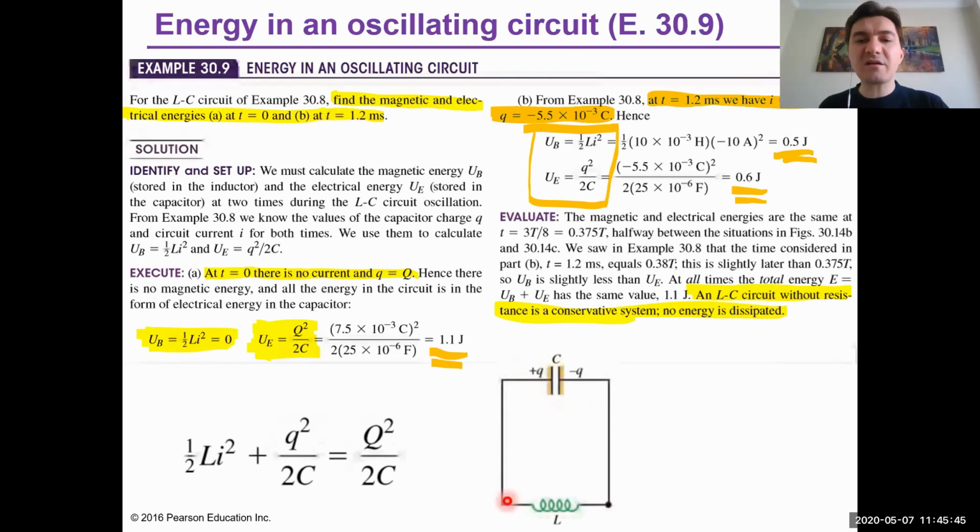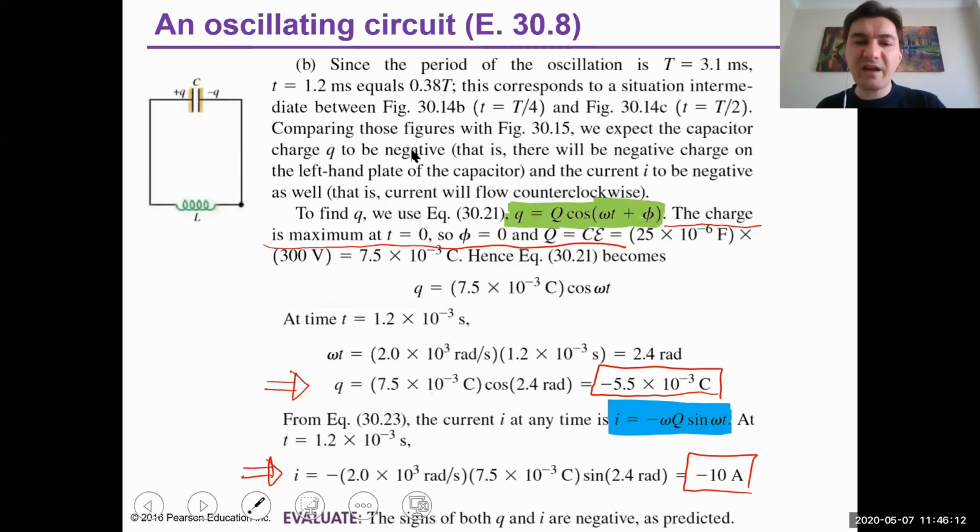So at that time, we have a current in the circuit. For this reason, this initial energy in the capacitor is shared by capacitor and inductor with that relation. Okay, so magnetic energy can be calculated like this, but you need to calculate the current when the time is 1.2 millisecond. Actually, we have calculated current when the time is 1.2 millisecond, okay?